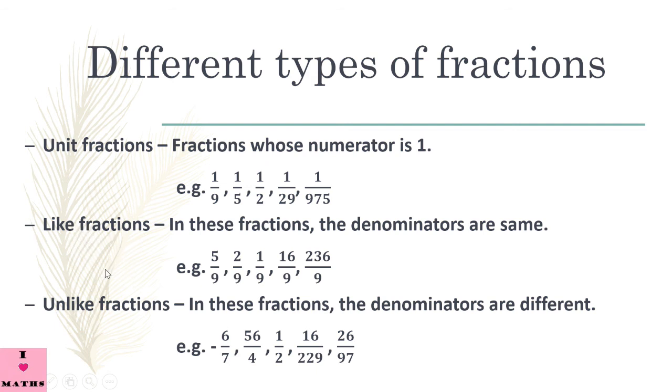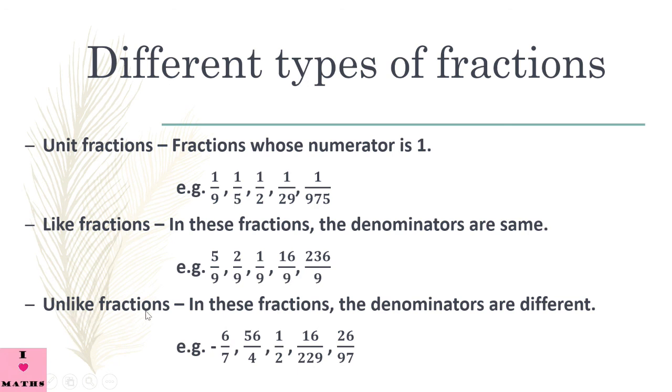It means I and my father have something in common. Same way, children, in like fractions, what is common? The denominators are common. For example, 5 upon 9, 2 upon 9, 1 upon 9, 16 upon 9, 236 upon 9. All of these are like fractions.